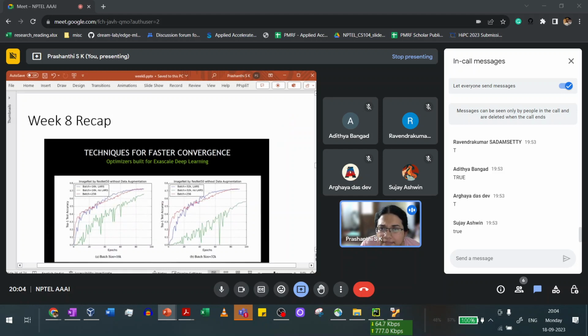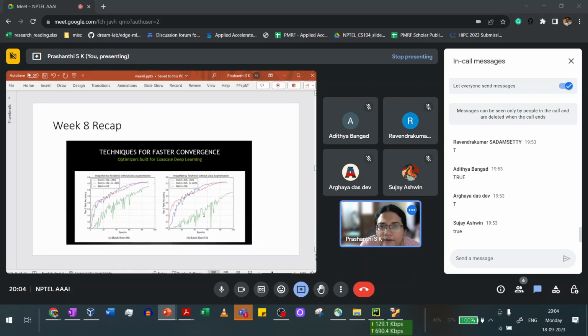Okay, so next is the optimizer part. Again you will notice here that there are some specialized optimizers. For instance, this says LARS, and you can also see the no LARS in contrast, and you can see its test accuracy never actually reaches this, whereas these two are batch size 256 and batch size 16,000.